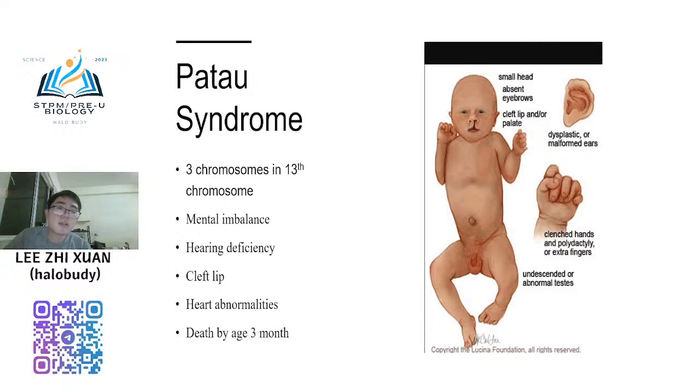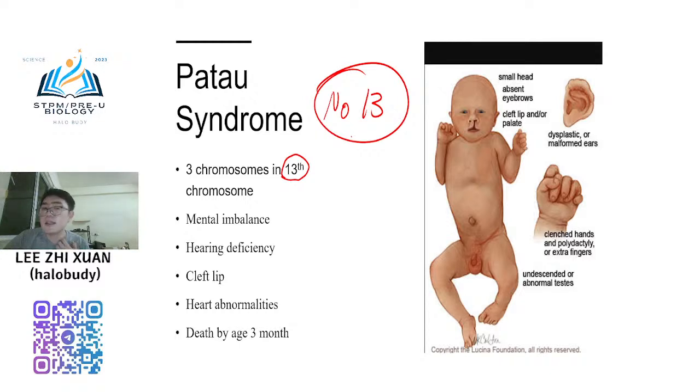Okay, another one is Patau syndrome. Okay, Patau syndrome is another disease that involves autosome chromosome. It involves the nombor 13 punya chromosome. So yang ni 13 punya chromosome dia ada 3 chromosome. So sebetulnya normal punya ada 2, tapi dia ada 3 chromosome.